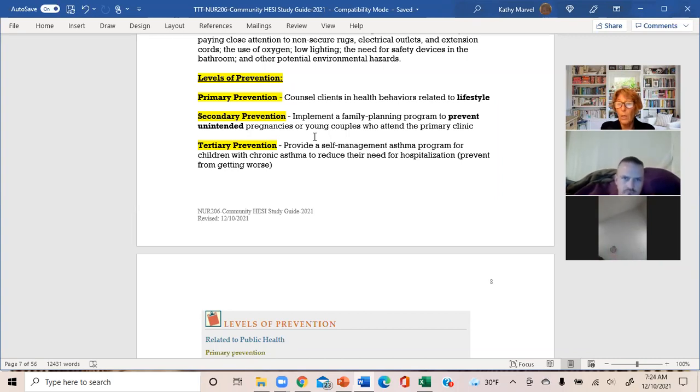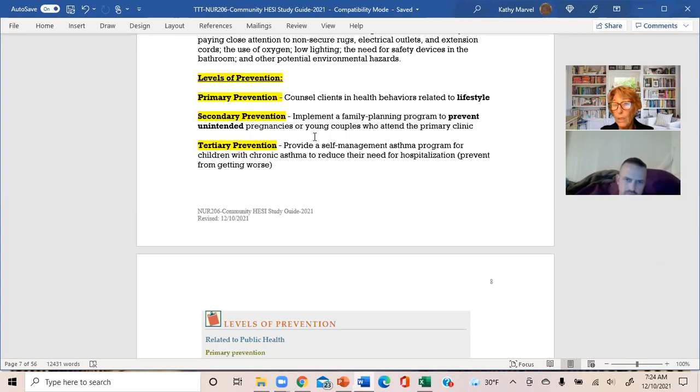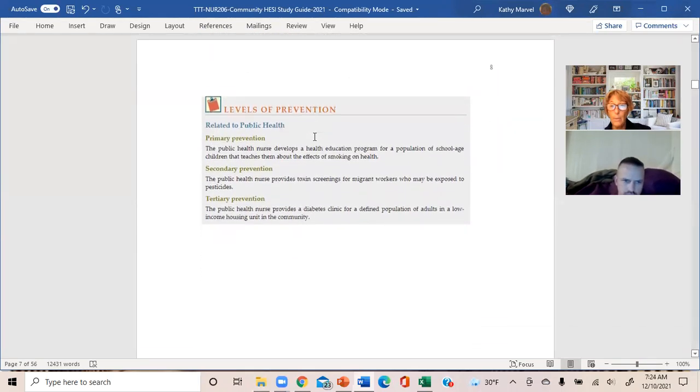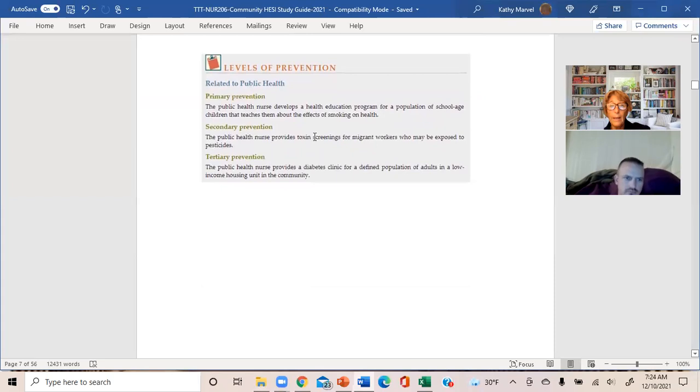So a primary prevention may look different with a group of kids talking about obesity versus elderly clients talking about falls. You have to be able to apply primary, secondary, and tertiary to all of your different community topics. And this is a good box. It came from one of our chapters about the difference in the three.